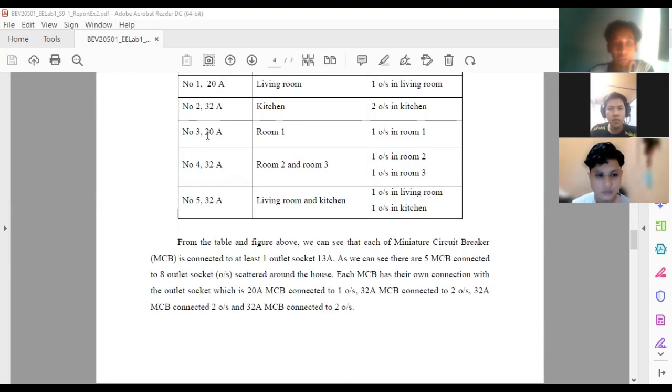Number 3, which is 20 ampere, is connected to one outlet socket. And the MCB for 32 ampere is connected to two outlet sockets located in two different rooms.